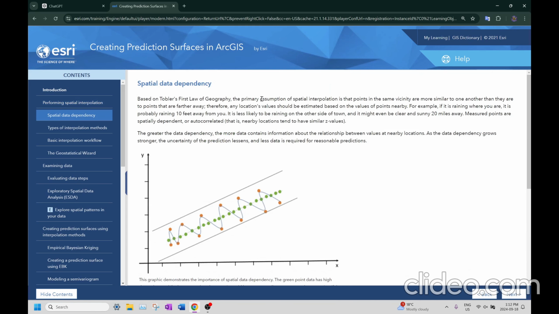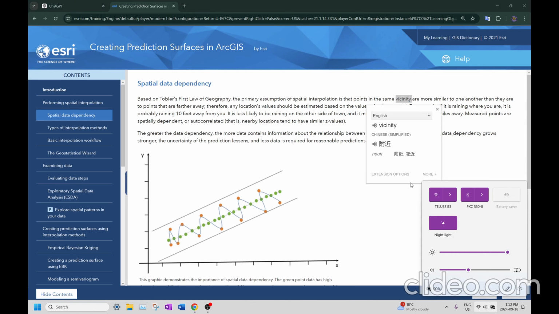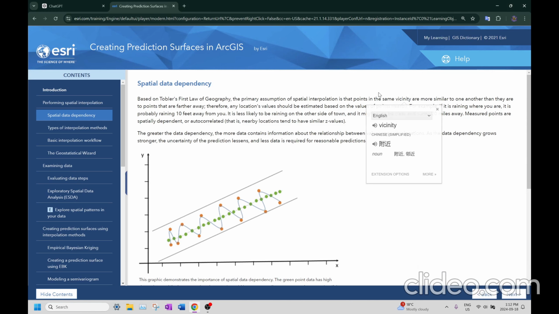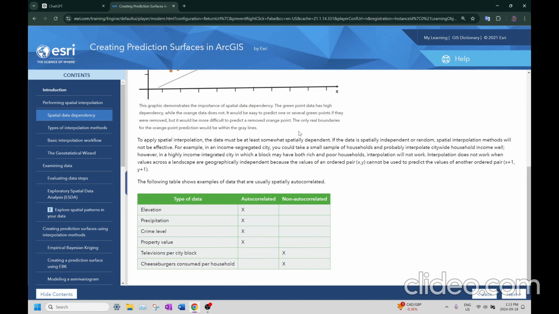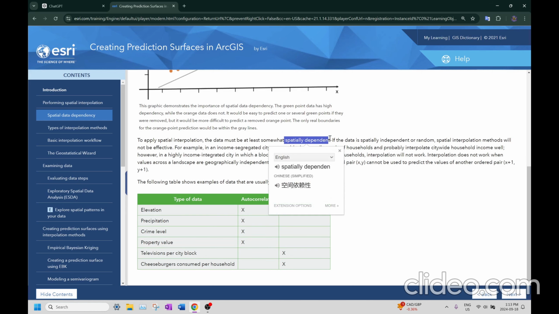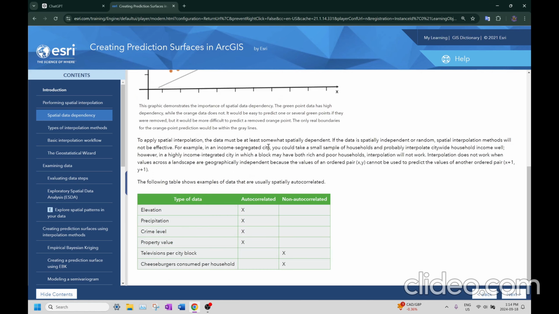The first law of geography is a primary assumption of spatial interpolation: points in the same vicinity are more similar to one another than they are to points that are far away. That's a very important part. If you want to make spatial interpolation, you must make sure the data is spatially dependent.